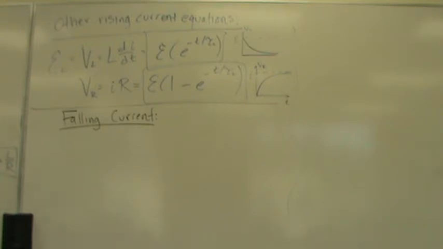So for falling current, the idea is we move the switch to position B, but you need a special kind of switch. You need a make before you break switch so that it will make contact with B before it disconnects from A. The reason is, if it disconnected from A, it would be like instantaneously turning off the current, which would be bad, because then your induced EMF is going to spike, your current is going to drop in as little time as it takes for current to stop flowing.